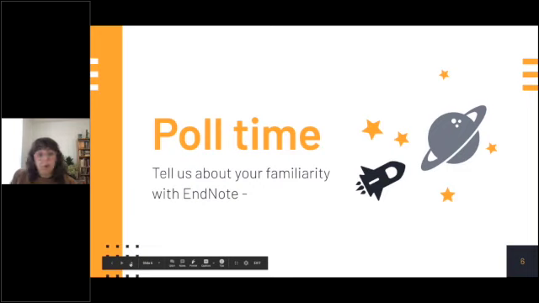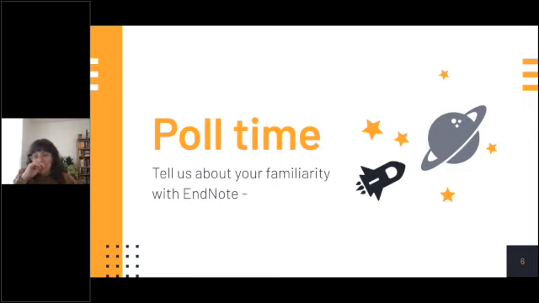So let's do a little poll. Help me figure out where you are at and go faster or slower in certain sections of the workshop. I'm going to launch a poll that is in GoTo, and it's going to take over your screen. If you are not in full screen, you may need to look for the poll. It sometimes gets hidden behind the windows.